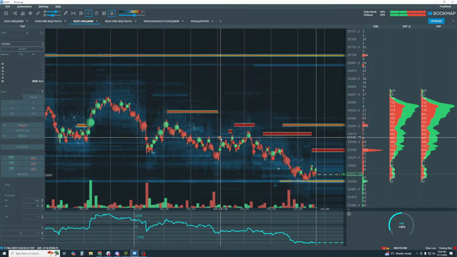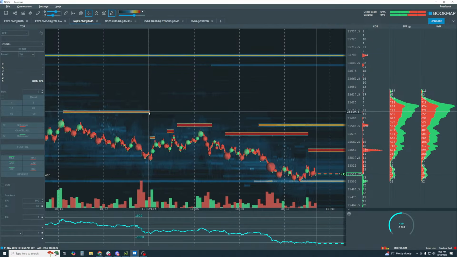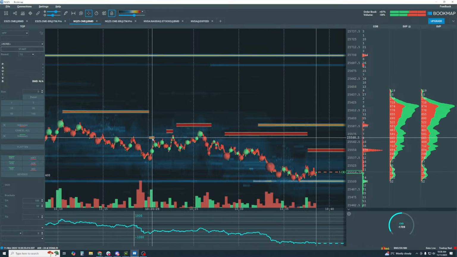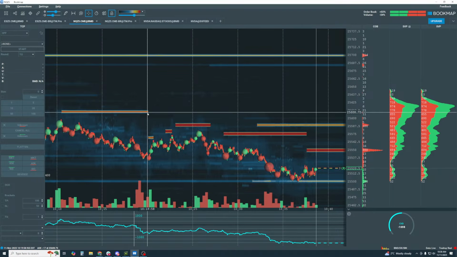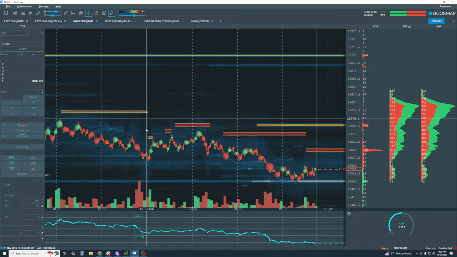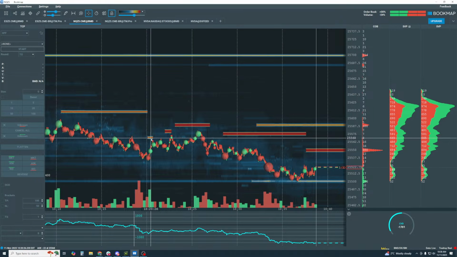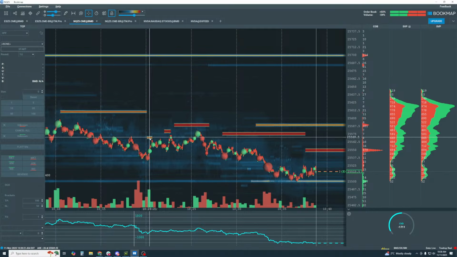If he wanted to get filled, this larger player, look where he dropped his liquidity from here at 609 and a half down to 68 and a half. Quite a bit.